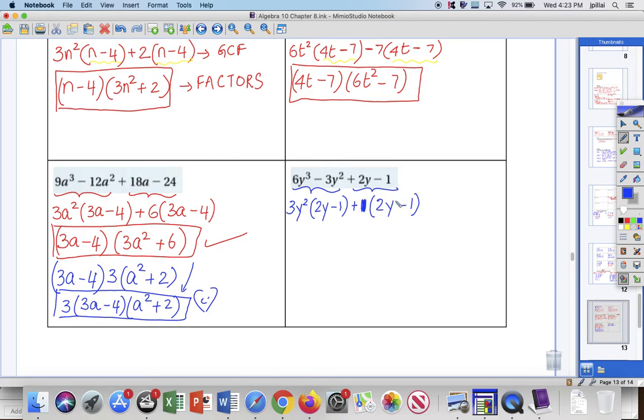Sometimes we say, hey, it's just 1, why should I write it? Here, if we don't, it'll end up in a mess. So we have 2y minus 1, the same binomial. Factor that out, and you are left with 3y squared plus 1. There's nothing more to factor, and you've factored all of it.